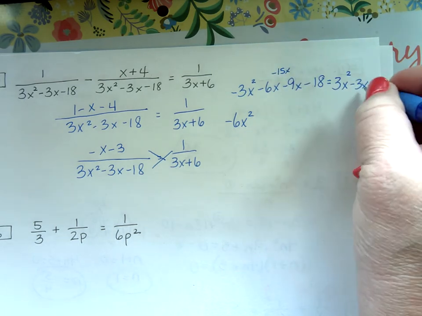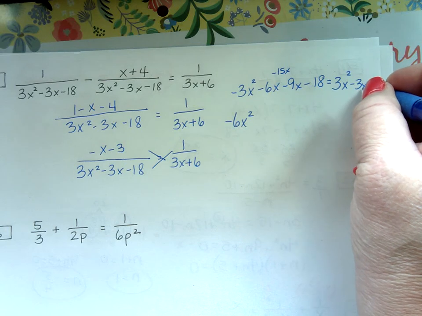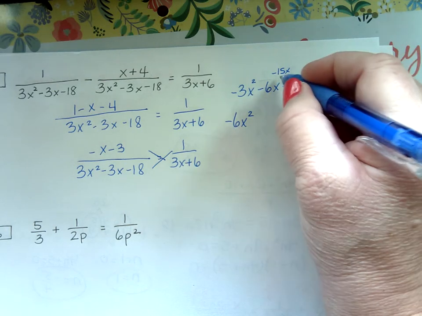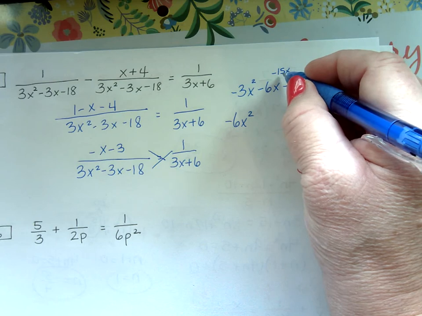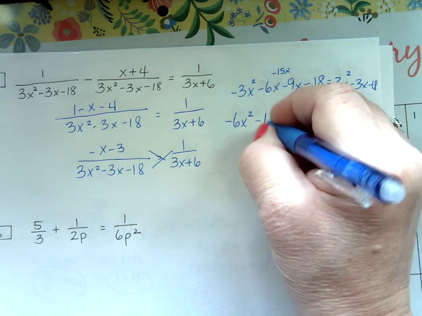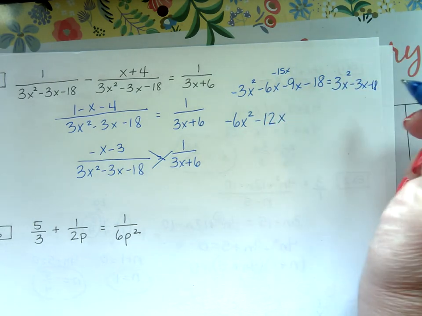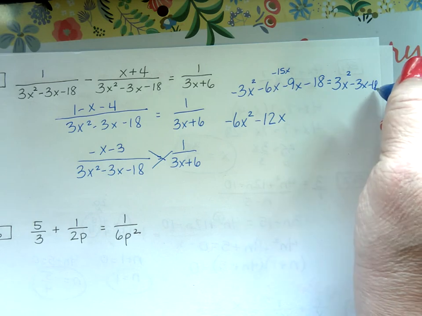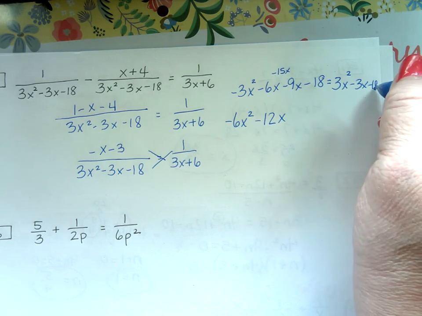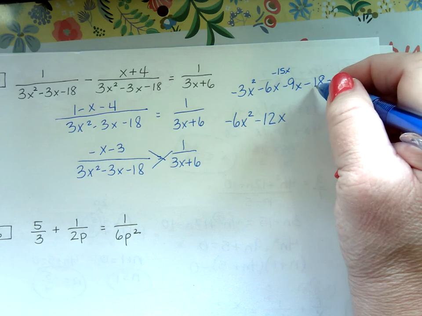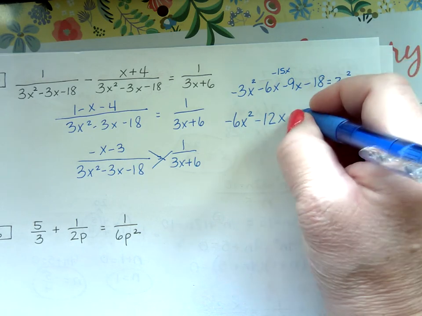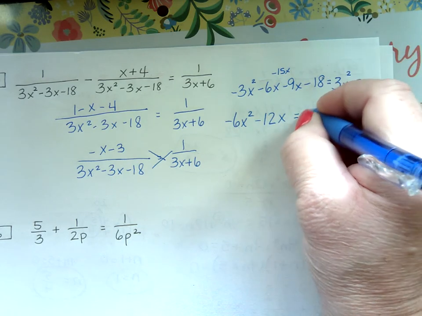So when I bring this 3x over, he turns positive. Negative 15 plus 3 is negative 12 x's. And the 18, oh, check him out. The 18 comes over, he becomes positive, joins up with the other 18 that's negative, and they become a whole lot of nothing. So it equals 0.